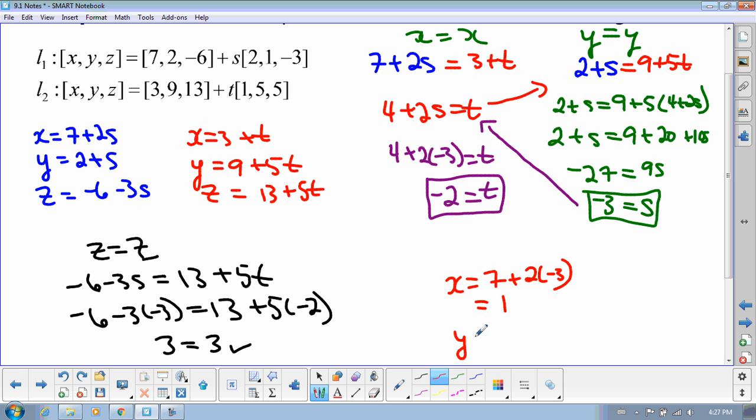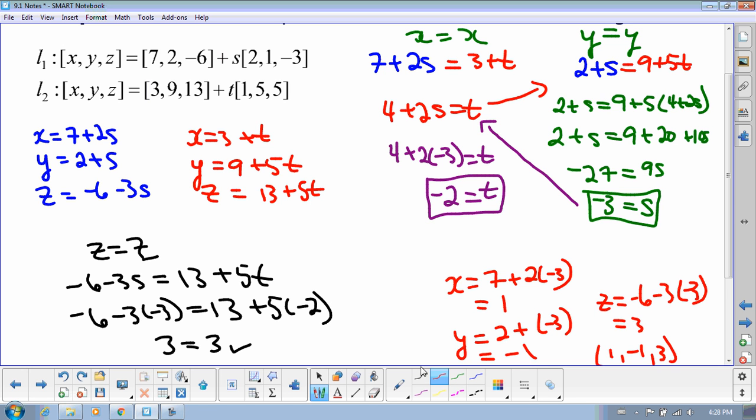I know y is going to be 2 plus s, which is negative 3. So that's negative 1. And I know that z is negative 6 minus 3 multiplied by negative 3. So z is equal to 3. So that means my POI is going to be at 1, negative 1, and 3. If you were to take that and check the red parametric equations, you get the exact same answer.